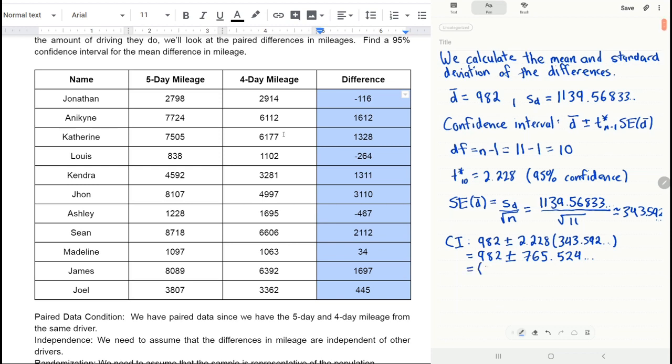And so our interval is from 216.48 to 1747.52.